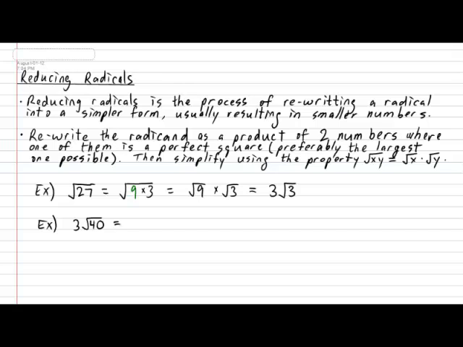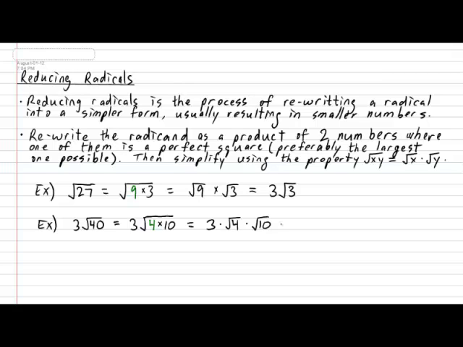So, we have 3 multiplied by root 40. So that gives us 3, that doesn't change for now, multiplied by the square root of, and a bit of mental work will tell you that the largest perfect square is 4, and that can be multiplied by 10 to give us the 40. Then using the property of the radical of a product, that gives us 3 times root 4 times root 10.